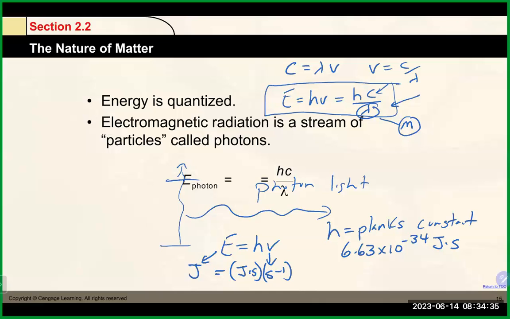So again, you've got to watch those units. You've got to make sure you do the conversion and get it into meters. That comes up a lot in the visible part of the spectrum, where it's usually given in nanometers. So the 10 to the minus 9 conversion is used a lot to take it from nanometers to meters, and sometimes the opposite way around. Any questions on that there?